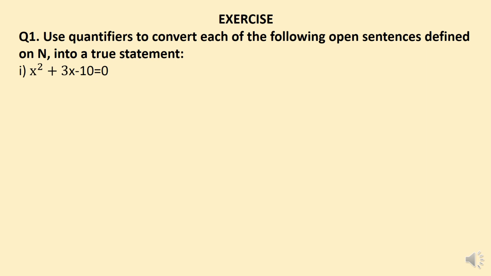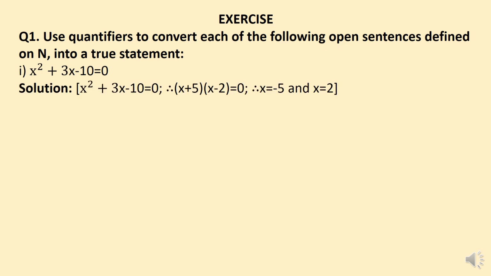Now how to solve this? In the first step, on seeing the question, you know that this is a quadratic equation. You can solve this by splitting the middle term. So you write (x plus 5)(x minus 2) is equal to 0. Thus you get x is equal to minus 5 and x is equal to 2. Now minus 5 is not a natural number, so it does not come in your solution set, but 2 is a natural number.